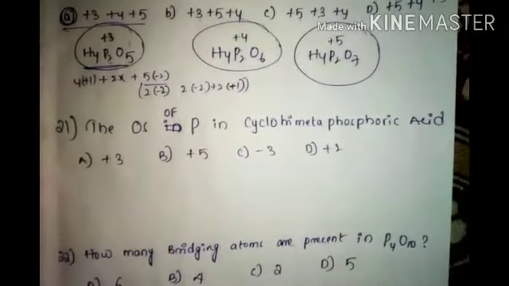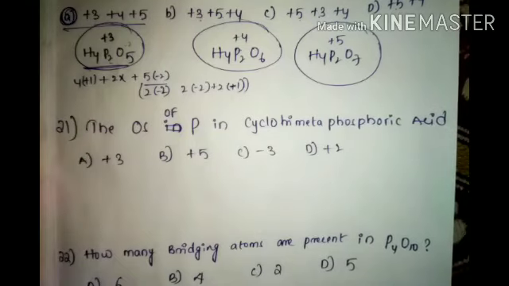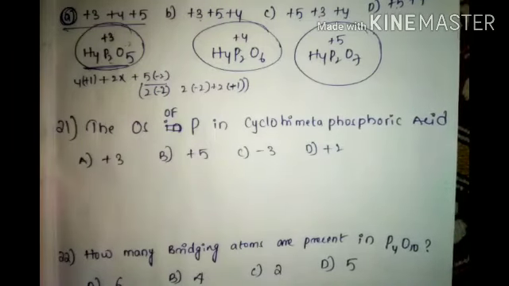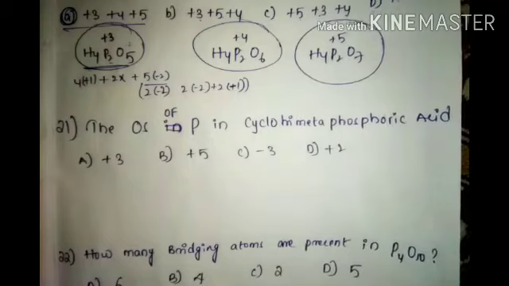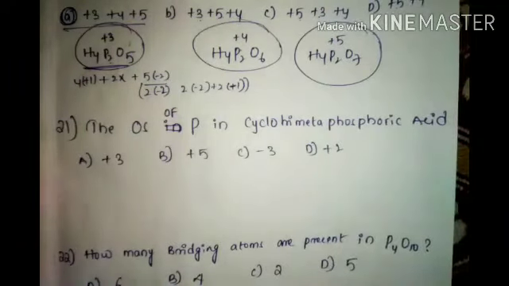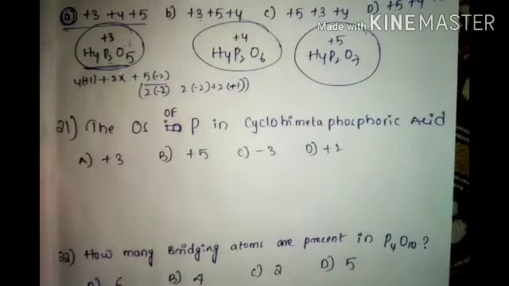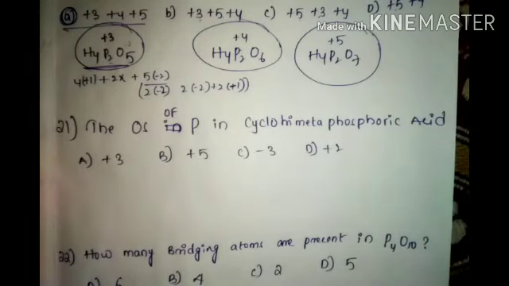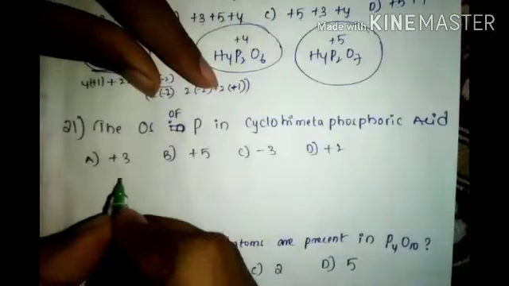Next, 21st question. The oxidation state of phosphorus in cyclotrimetaphosphoric acid. What is the formula of that? There are two formulas.